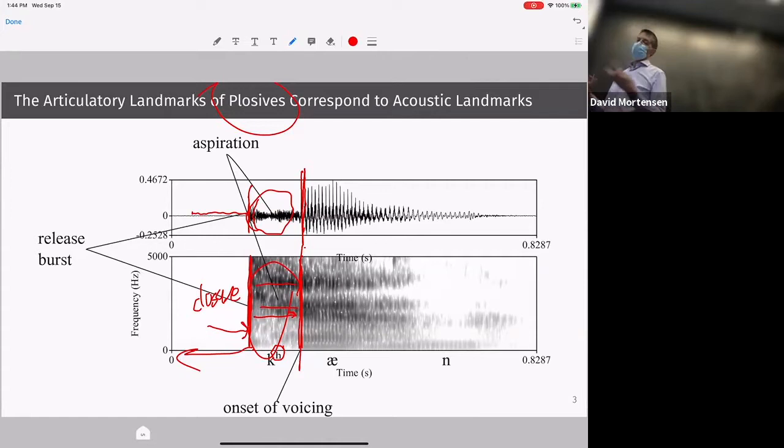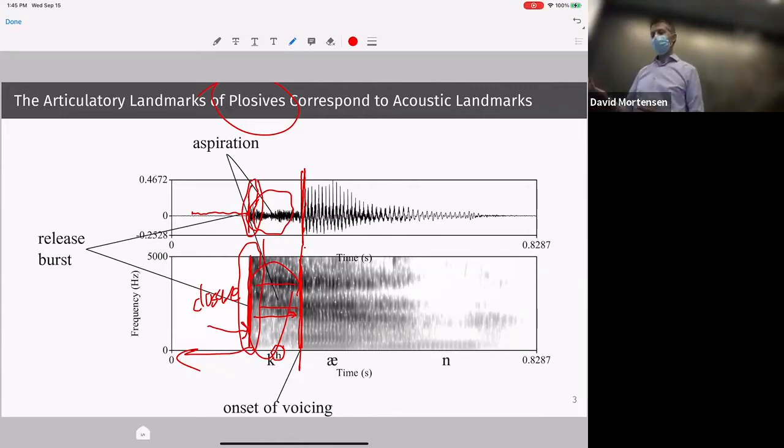You can have co-articulation across that kind of release burst that you see here. Technically, the release burst is right here, but in an aspirated plosive, it kind of extends on.